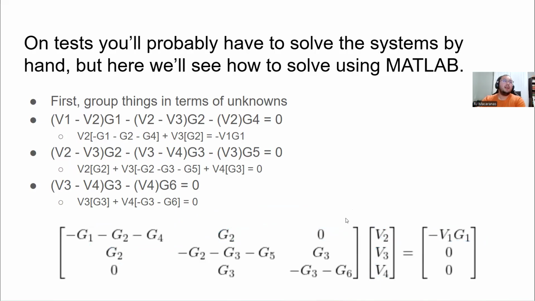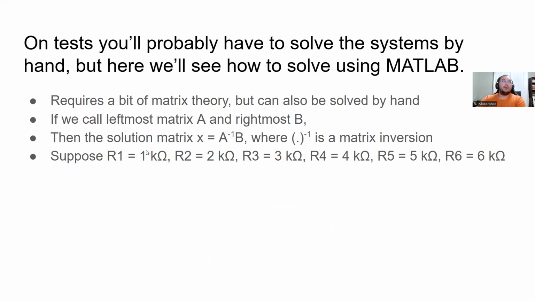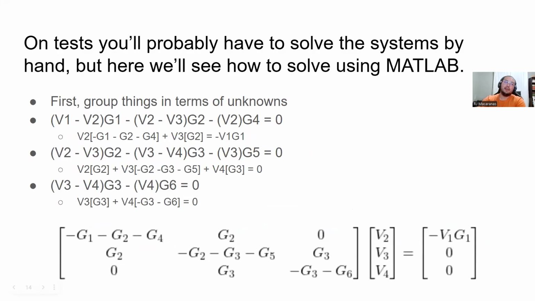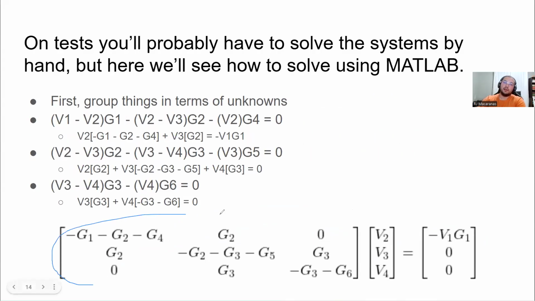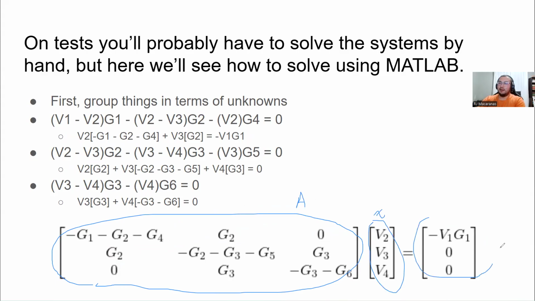But anyways, with that, we can use a little bit of matrix theory. Assuming that this matrix, which we'll call A, is invertible, and we'll call this guy X and this guy B, what we have here is A times X is equal to B, where A and B are matrices.